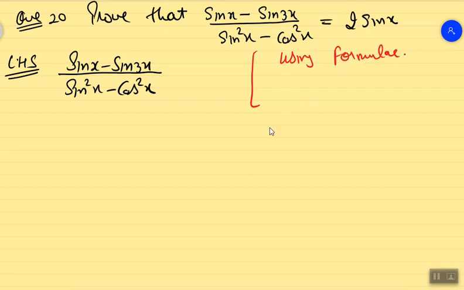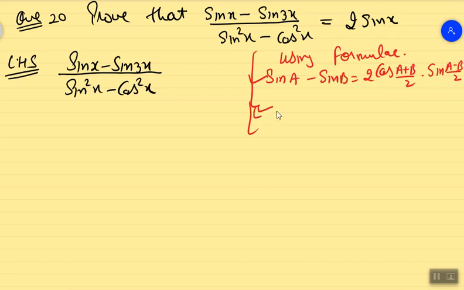Sin A minus sin B is 2 cos (A plus B)/2 into sin (A minus B)/2. This is the first formula.